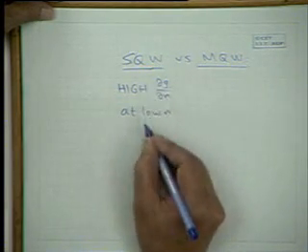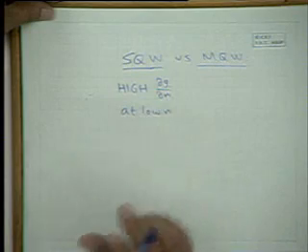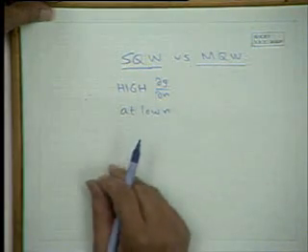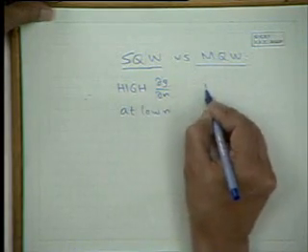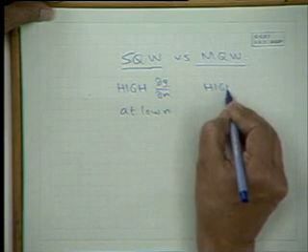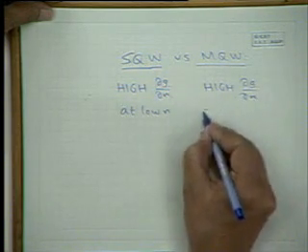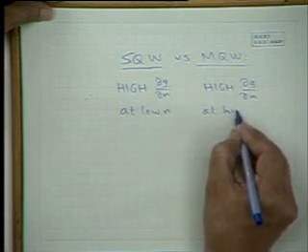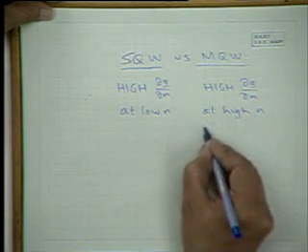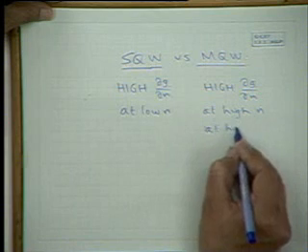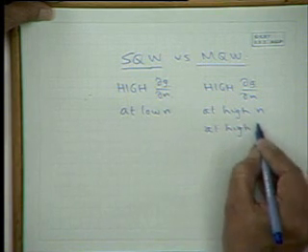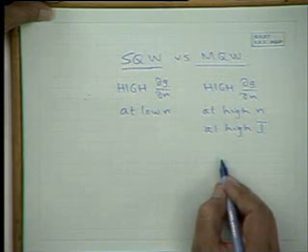A single quantum well can only contain so many electrons, whereas with multi-quantum wells you can have a high delta G over delta n at high values of n, and that means at high values of J, the injection current.